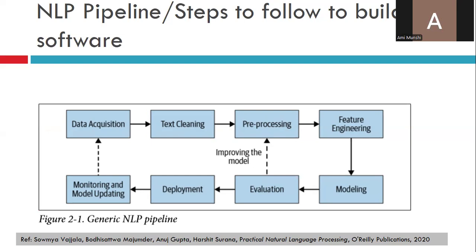The models which are developed are then evaluated. Based on evaluation, there is a feedback loop. So we try to change the techniques that we have used. And then the evaluated model, if we think it is satisfactory, we deploy it. After deployment also, we have to continuously monitor our model and keep updating our model, keep giving the updated versions. So this is the overall idea of the NLP pipeline.